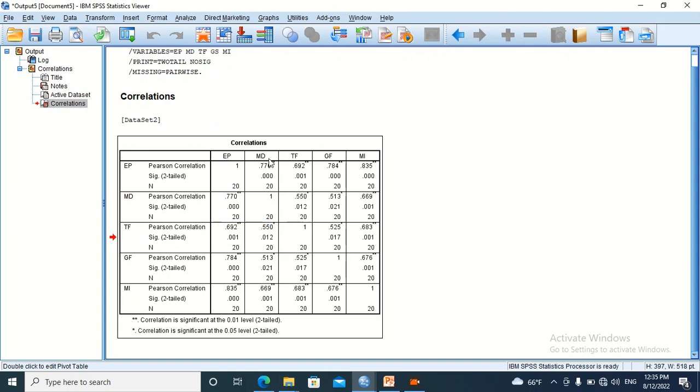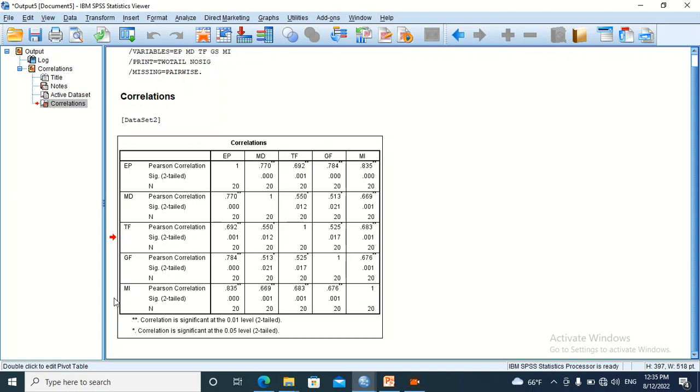Okay, MED to TF is also a strong correlation, 0.550. MED to GF, 0.51, is also a strong correlation.